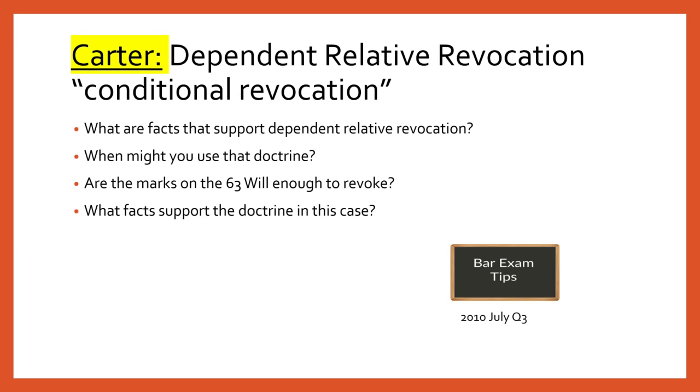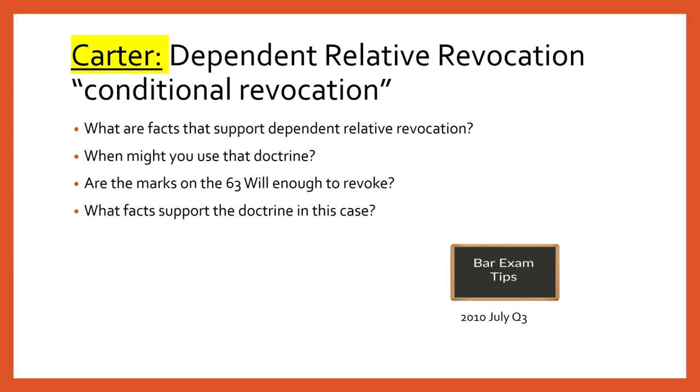There's this concept of dependent relative revocation. It comes up quite a bit when people try to modify a provision of the will. Keeping in mind that you can revoke without the formalities, but you cannot modify, you cannot update. So I can get rid of a general bequest, $10,000 to Sam. I can mark that out.